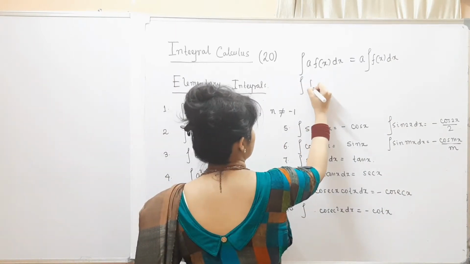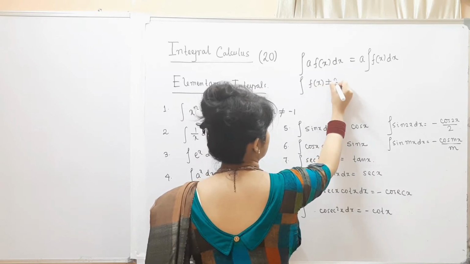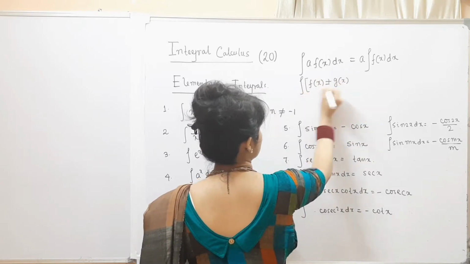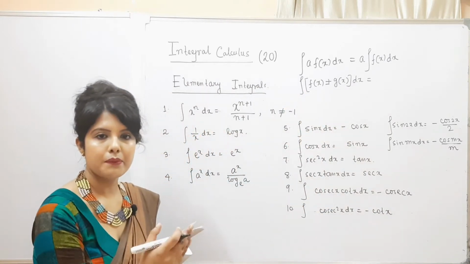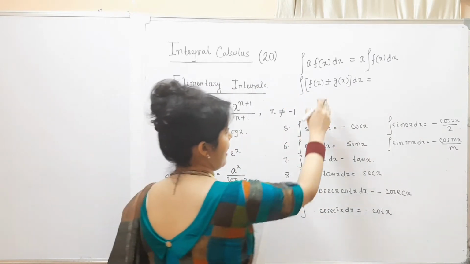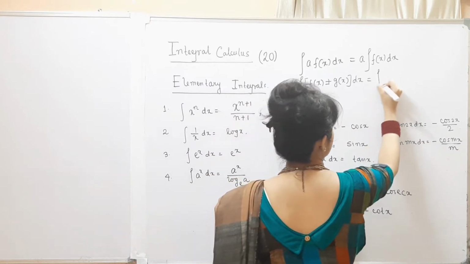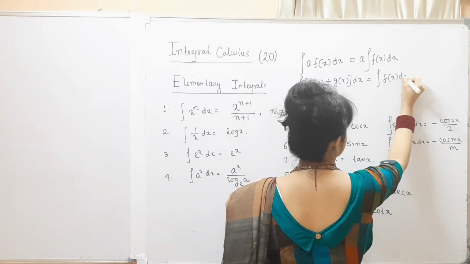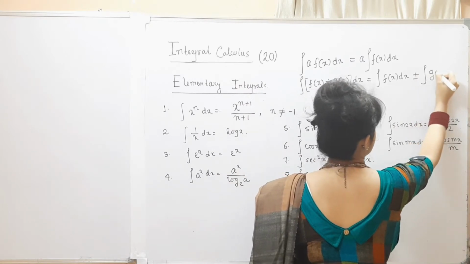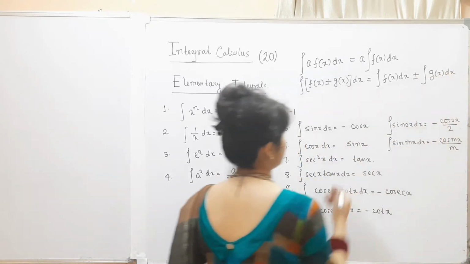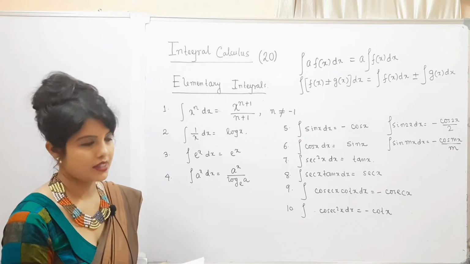Similarly, if it is the addition or the subtraction of two functions, then this integration will be distributed over the addition and the subtraction, that is you can write it separately as integration f of x dx plus or minus integration g of x dx, where f of x and g of x are two functions of x.